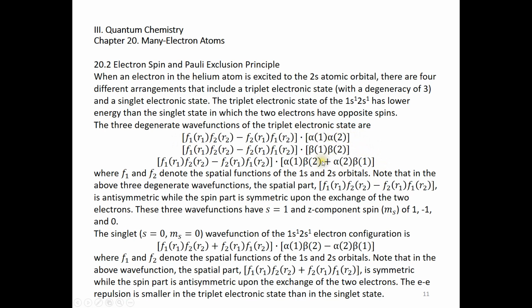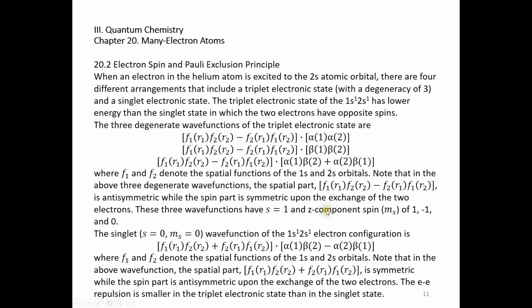Now let's look at the spin part. Alpha 1, alpha 2, beta 1, beta 2, and finally alpha 1, beta 2 plus alpha 2, beta 1. They all share the same spin quantum number. S is 1. Alright, and when S is 1, we have a degeneracy of 3, because the Z component can be from -1 to 1.